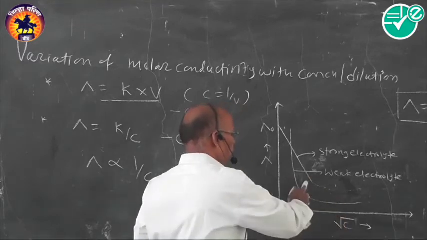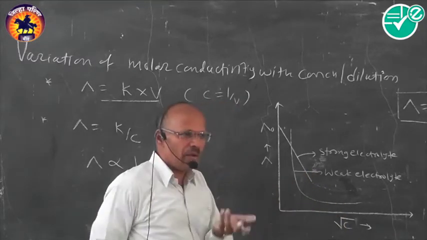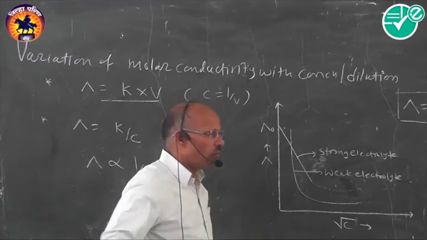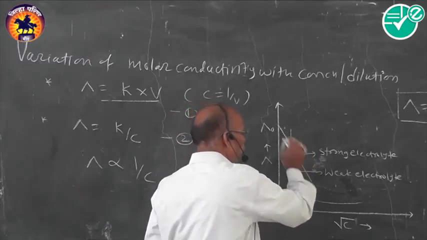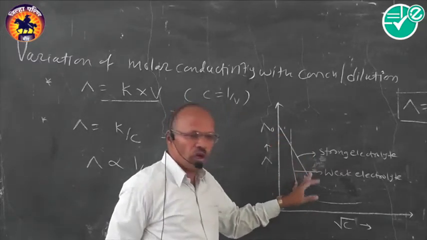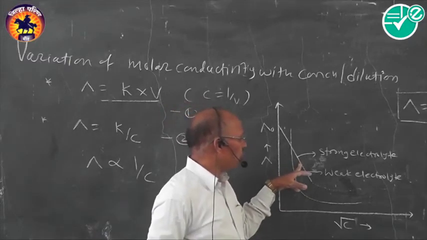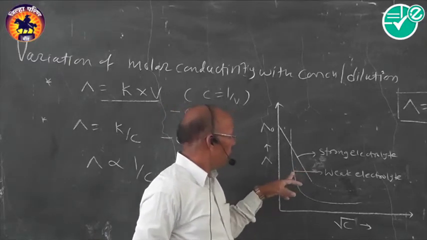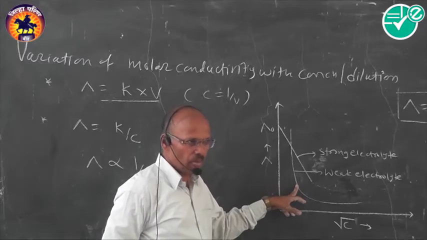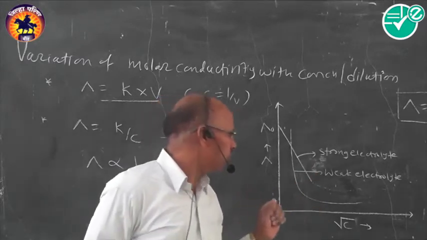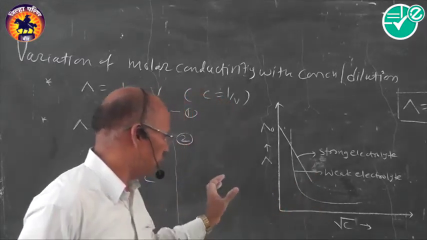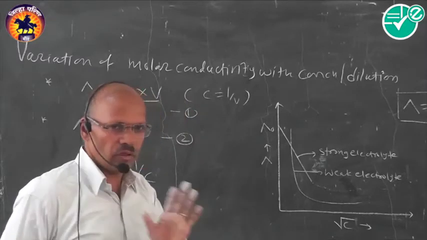Okay. Now check again the parameters related to these two. We have two curves now. Observe these two curves carefully. The first curve is for the strong electrolyte. The second curve is for the weak electrolyte. Now, by following these two curves, which major difference do you notice? Check yourself.